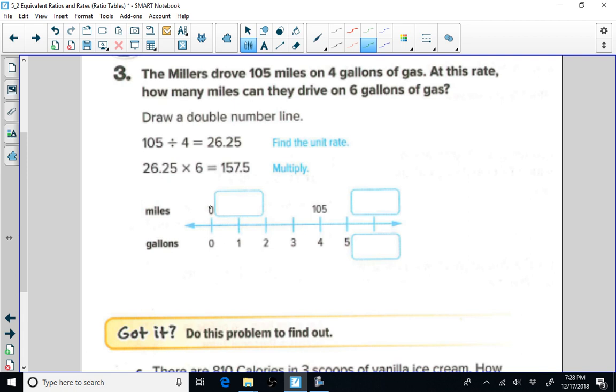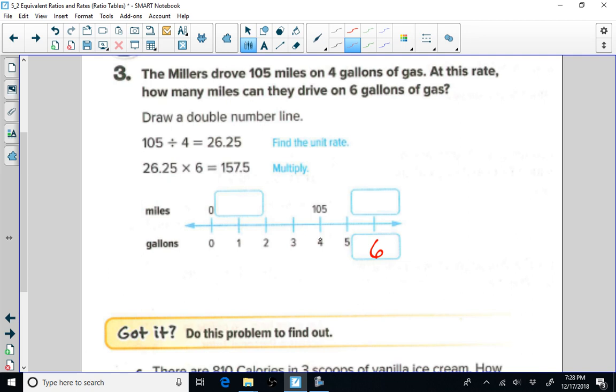So we always want to start our double number line with 0 and 0, and then we're told 4 gallons, 105 miles. So we have 3 gallons, 2 gallons, 1 gallon, 5 gallons, right? And equal units here, this would be 6 gallons.